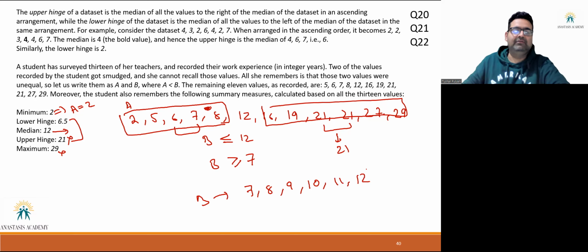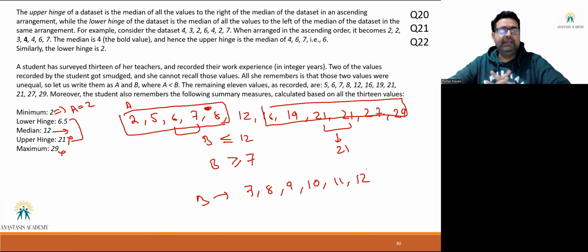Let me just recap this for you. Minimum 2 gave us the value of A directly as 2. Upper hinge 21 did not give us anything because 21 was already there. Maximum 29 was already there. Median 12 told us that B cannot go above 12, because if B is 13, then that 13 will become the median. So B at best can go till 12.